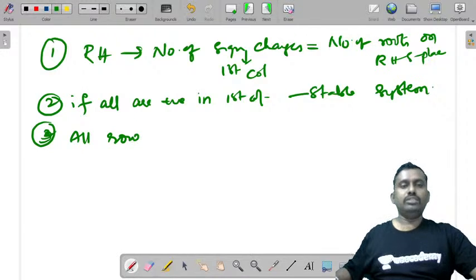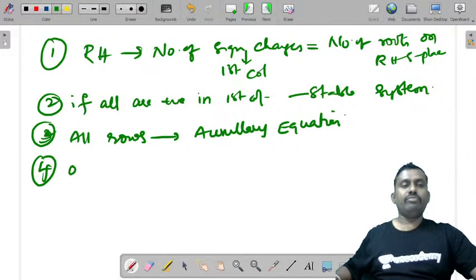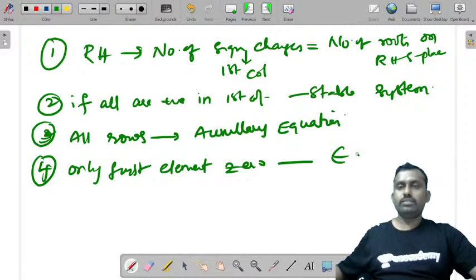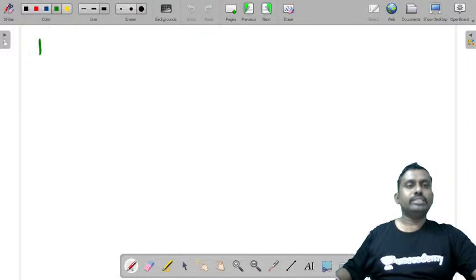If you have all zeros, consider the auxiliary equation, differentiate it and try to complete the array. If only the first element is 0, consider an epsilon as the number and try to complete the array and comment on the stability by applying the limit. This is what we have done. Now in the next slide we'll do what is root locus.